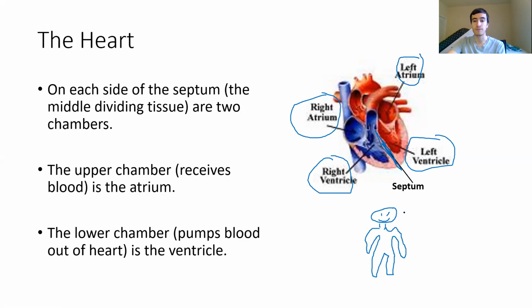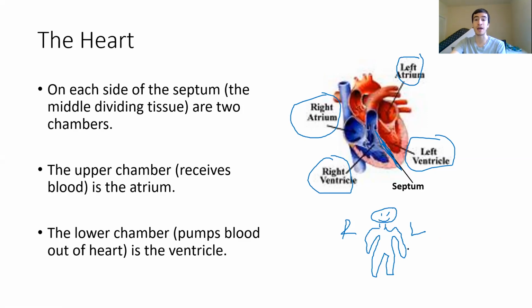For this person, if they're looking at us, this is the right side of their body, right? This would be their right arm and their right leg, because this is their face right here. And this would be the left side of their body. This would be their left arm and their left leg and their left eye.